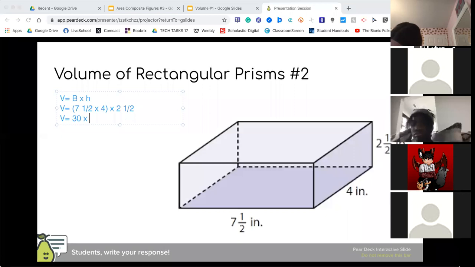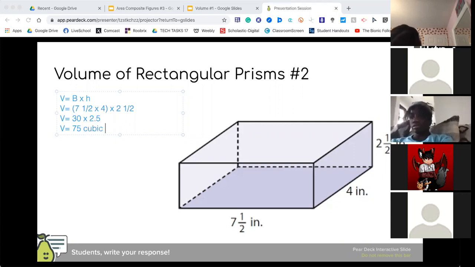And then you multiply that by 2.5, which would be 75. Yep. And then you do 75 inches cubed, which is 3 instead of 2. So it would be 75 cubic inches. Yeah, and you wanted to show that with the little, that's exactly what I'm going to do.